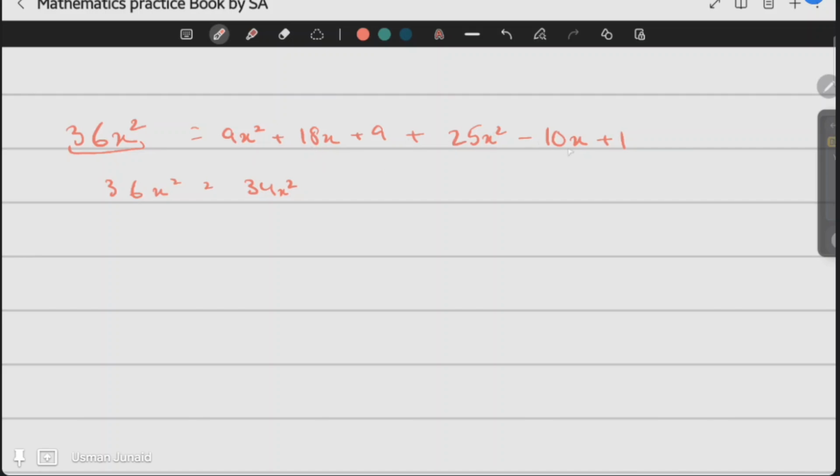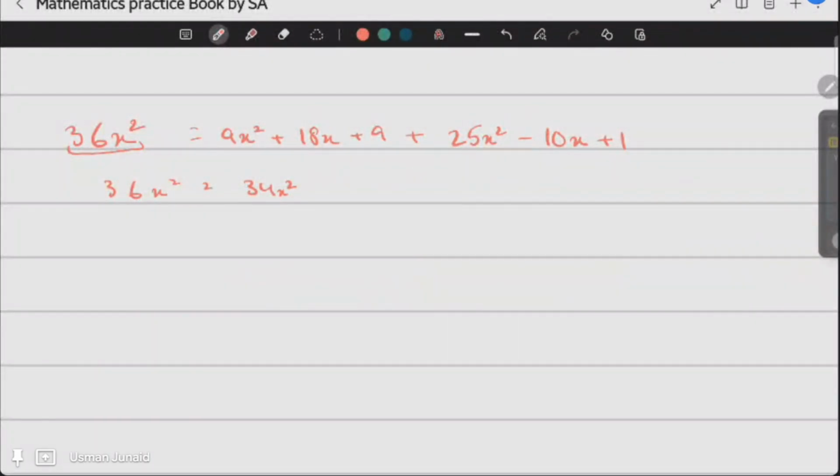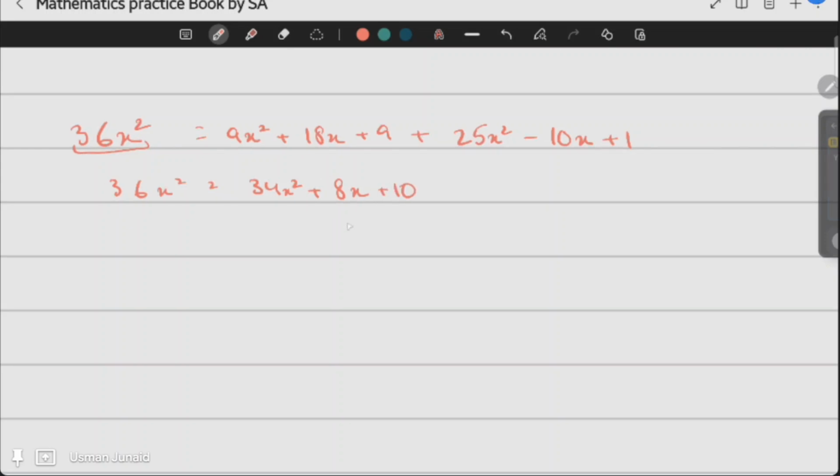And then you have 18 minus 10x. So how much is 18 minus 10? 8. 8x. 9 plus 1, how much is that? 10. 10, x squared. Okay.